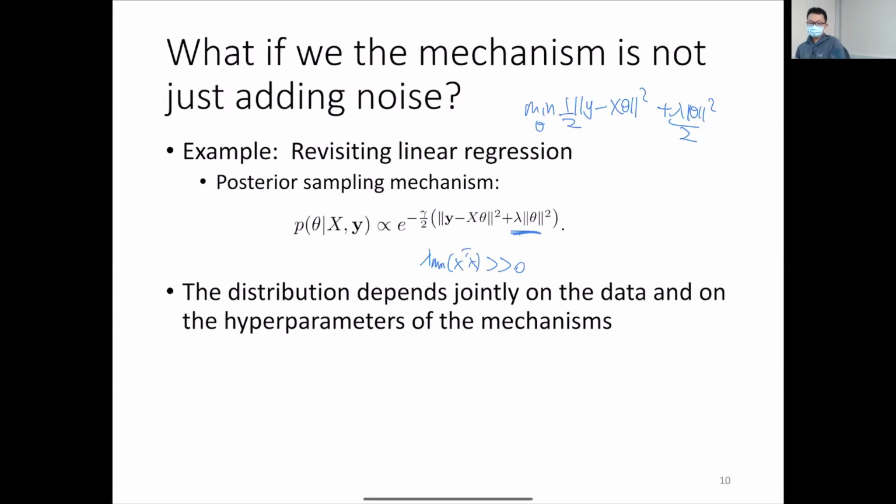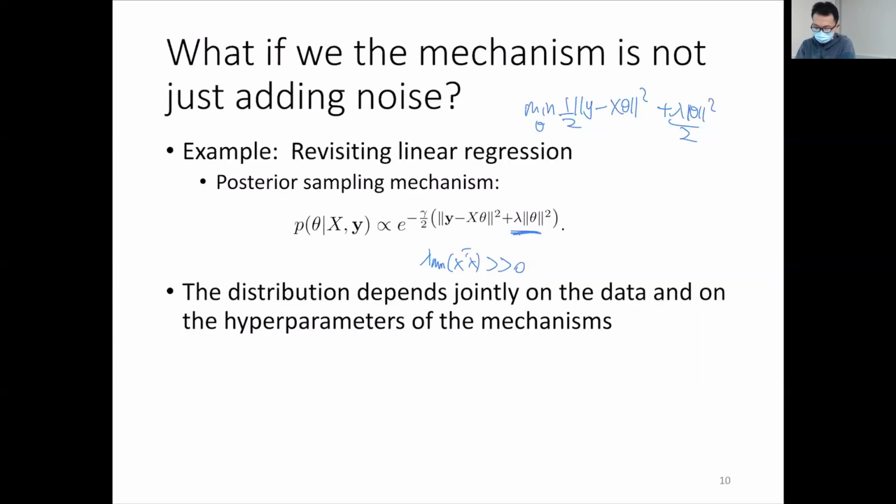It can actually be very large, and if that's the case, then we'd like to make use of this data dependent property to make the posterior sampling algorithm give away more useful information while satisfying the same epsilon delta requirement on the differential privacy. Otherwise, being conservative will kill the utility and make the downstream application suffer.